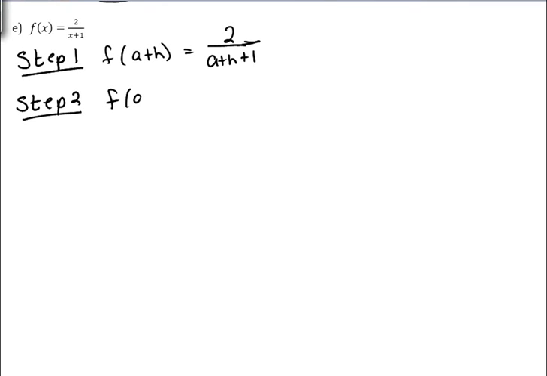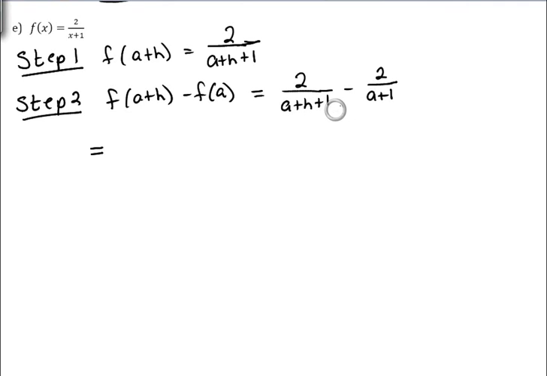We want to find f of a plus h minus f of a. So 2 over a plus h plus 1 minus 2 over a plus 1. So you could simplify this at this point by doing this subtraction. In order for us to do this subtraction, we need to find a common denominator. And so this denominator, even though it looks kind of similar to this denominator, is really completely different.